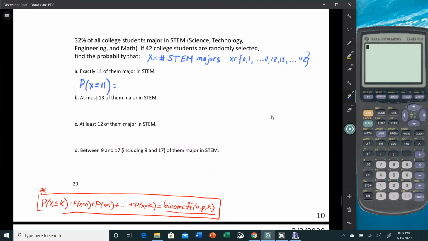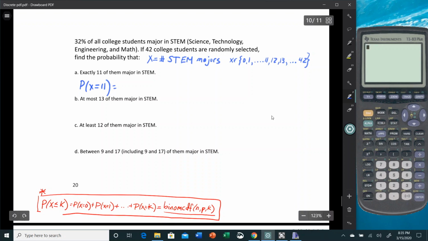So if we want the probability x is equal to 11, we can calculate this as n is 42, so of the 42, choose 11. The probability of success in a single trial is 0.32 because 32% of the students are STEM majors.